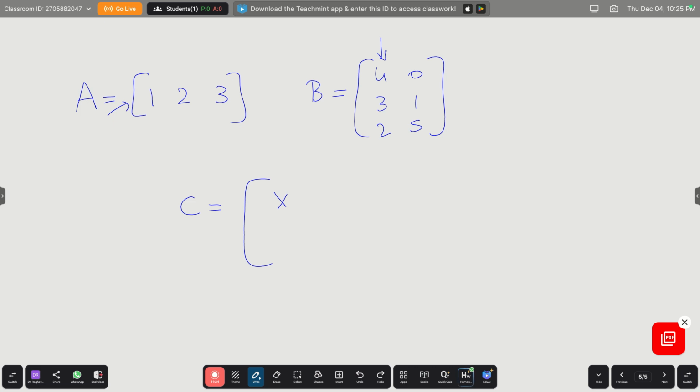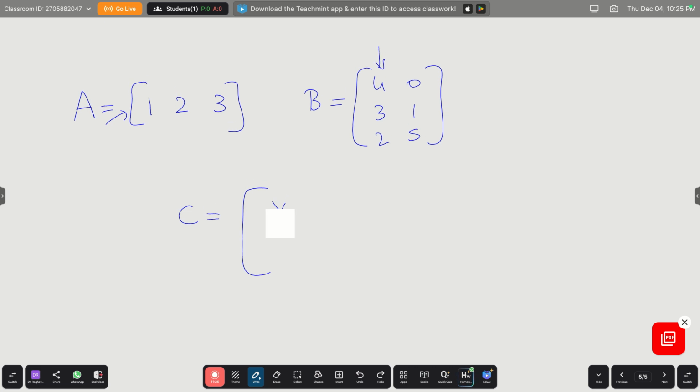So what is it? 1 into first element is 1, first element in the matrix B is 4, second element is 2, so plus 2 multiplied by second element is 3 here, plus third element is 3 multiplied by third element is 2 here. Right. So we got the value of first row and first column.